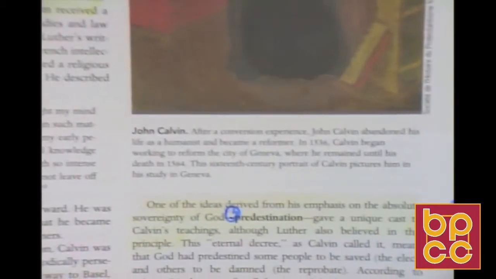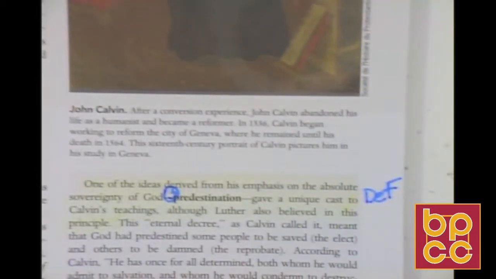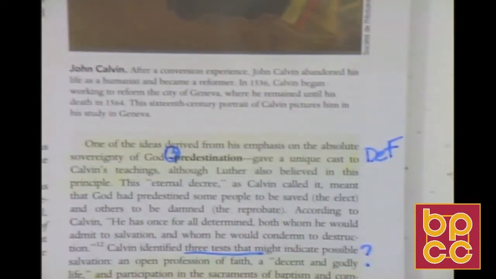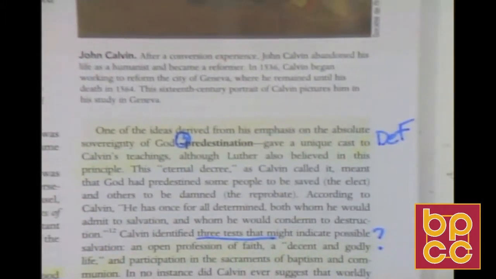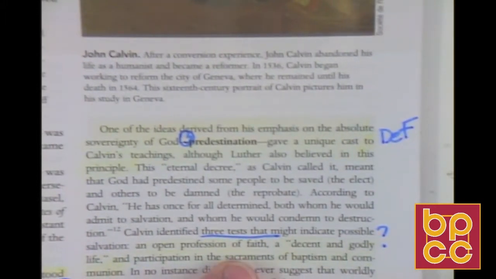And then over on the other page, there's that word predestination that I wasn't sure about. And in fact, they do give a definition of predestination, so that helps me there. And remember, as in my preview, I noted there were 3 tests that might indicate possible salvation. Well, they do indeed give those, and I have highlighted those there.